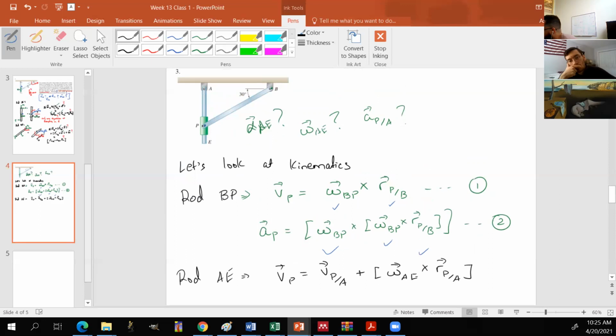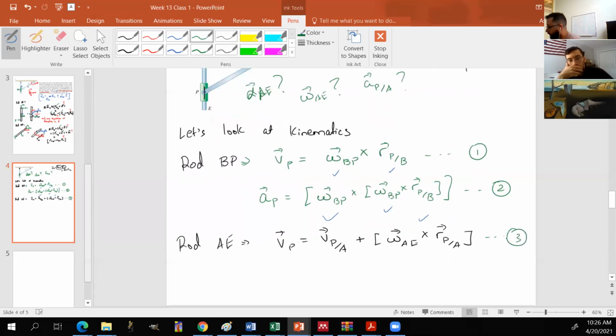The last equation: velocity of P with respect to A. Because remember, my velocity equation is just VP is equal to VP relative to O plus VO plus omega crossed with the r of P relative to O. So I've moved my frame to the point A to find out what that is. VO is 0 because point A is fixed. So it's VP relative to A. Thank you. Yes, because the collar is sliding on that.